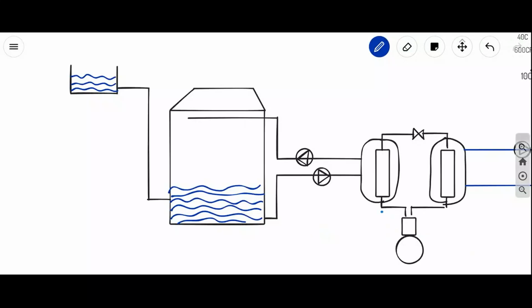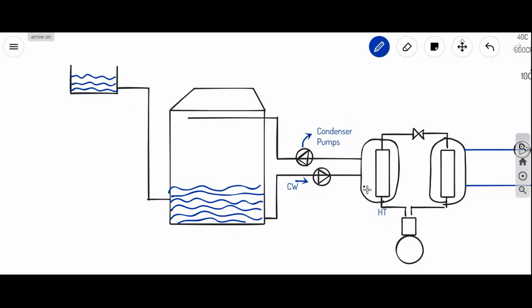The compressor compresses the refrigerant from low pressure to high pressure, so high temperature will be there. High temperature refrigerant. Now from here I am supplying cold water by using a pump. This is the condenser pump. Both are condenser pumps. So I am supplying cold water.